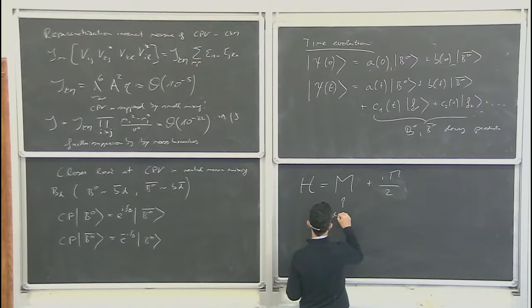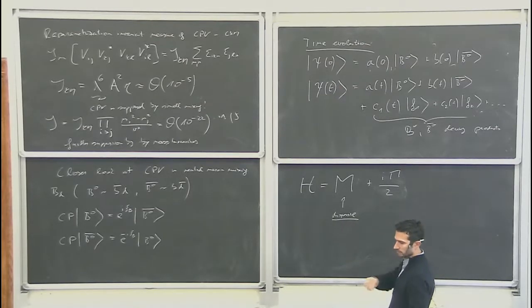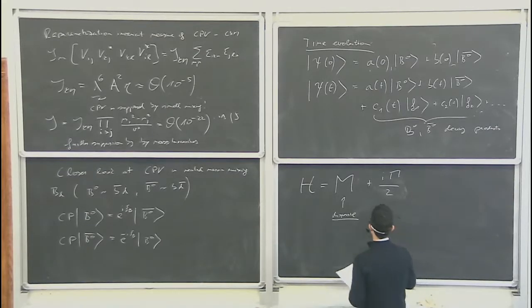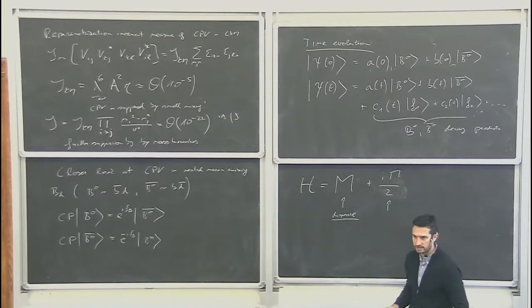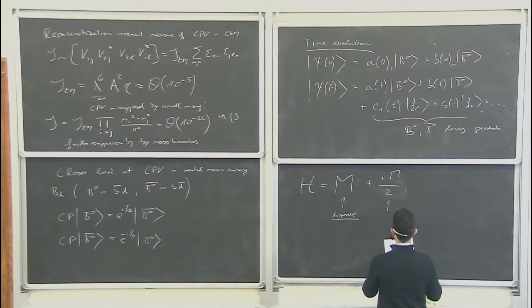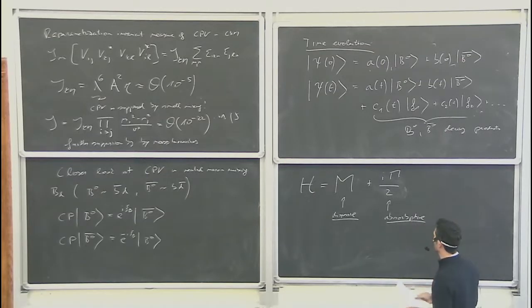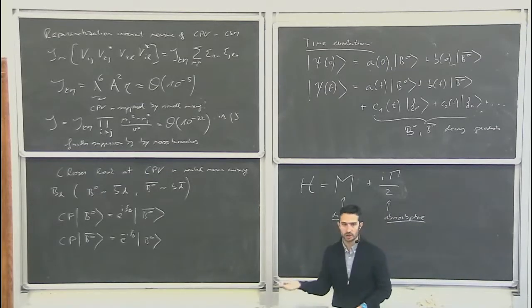So this will be dispersive, and it will contain all the contributions from all possible off-shell intermediate states. It will parameterize the unitary evolution of a stable B B-bar system. And gamma is usually denoted as the absorptive part of the Hamiltonian, and contains contributions from on-shell intermediate states.